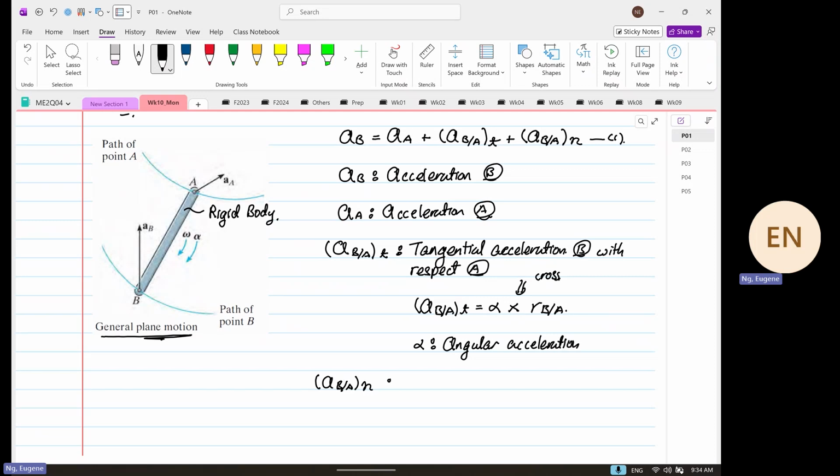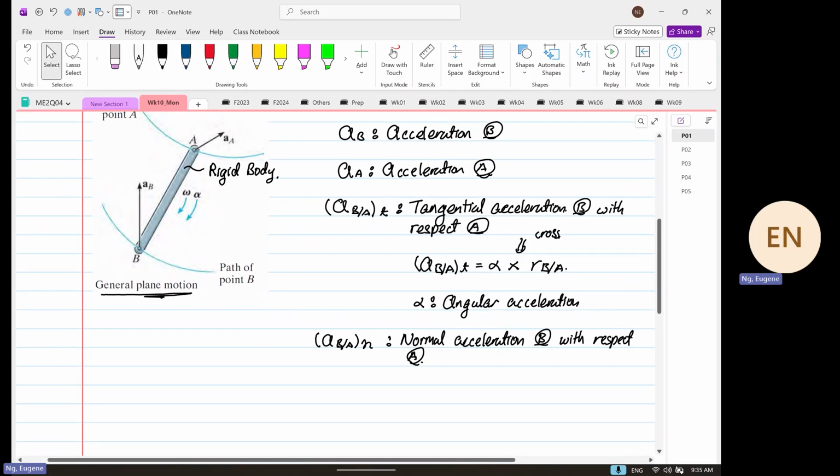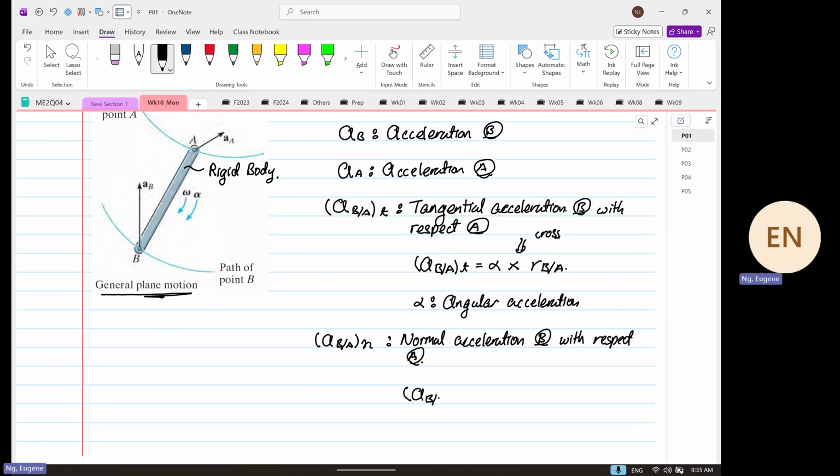So what we have over here is the normal acceleration of point B with respect to point A. Okay, and to calculate this, you have A_B relative in the normal direction, and this will be equal to omega squared R_BA.